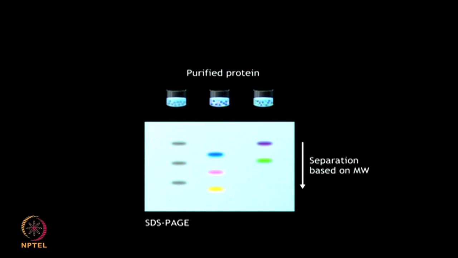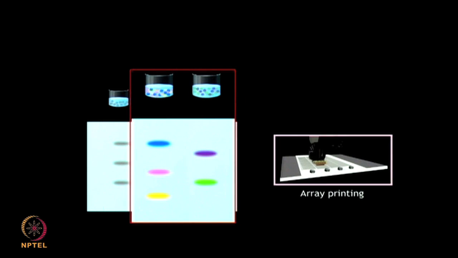This shows the SDS-PAGE separation of these proteins based on the molecular weight. Now, authors were successful in purifying 67 proteins, and then these purified proteins were printed on nitrocellulose coated glass slides by using a robotic printer.